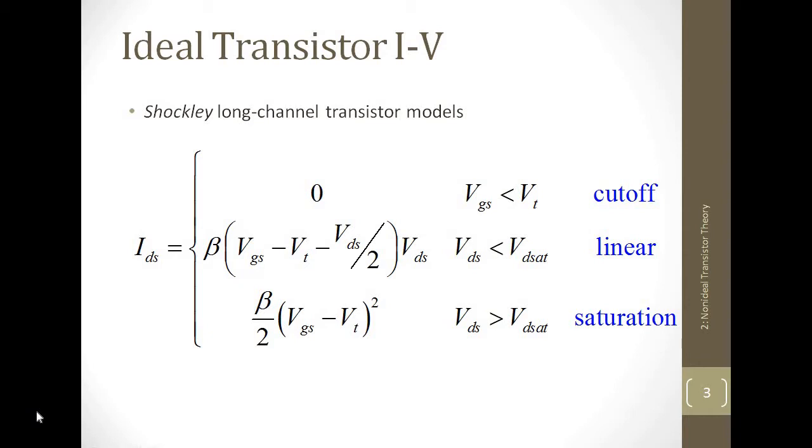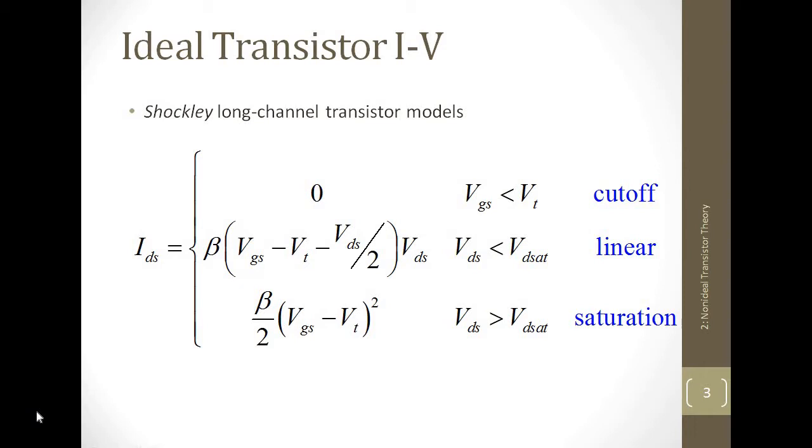In the cutoff region it is 0 because VGS is less than VT. Whereas in the linear and saturation regions, VGS is greater than VT. It is not only greater than VT, but the drain to source voltage is less than the drain saturation voltage in the linear region, and it is greater than the drain saturation voltage in the saturation region.